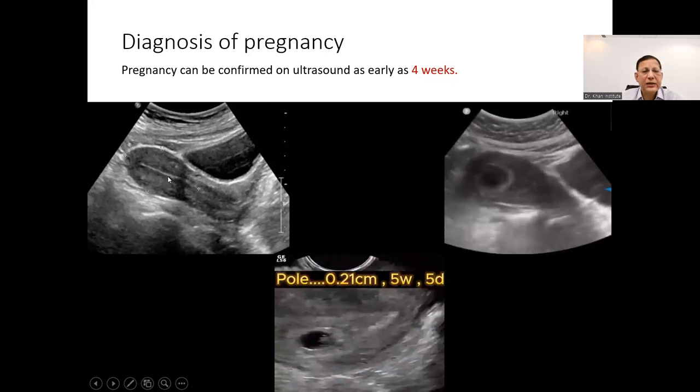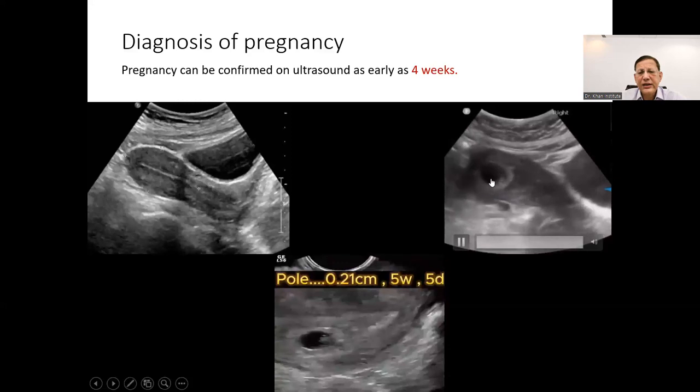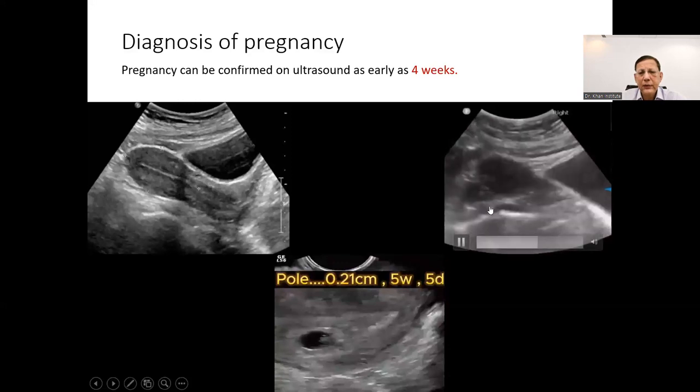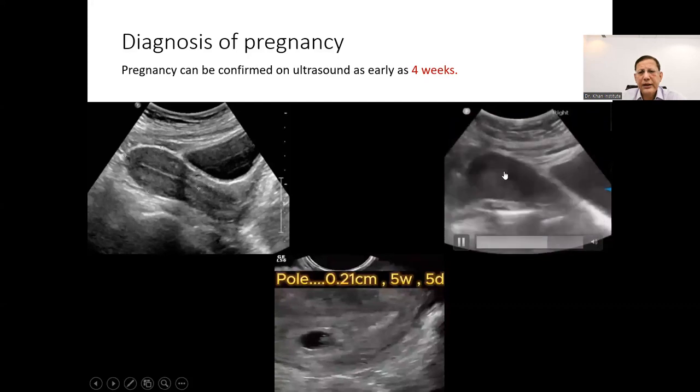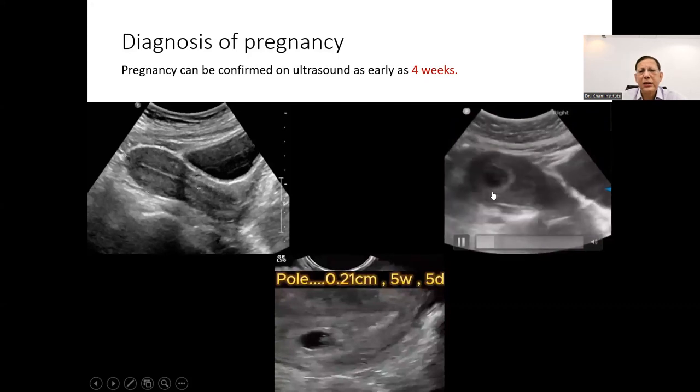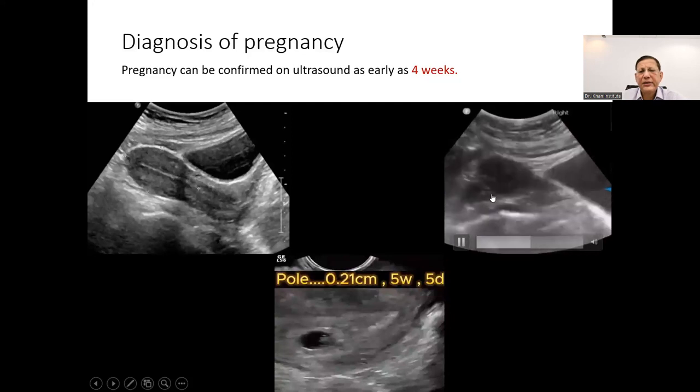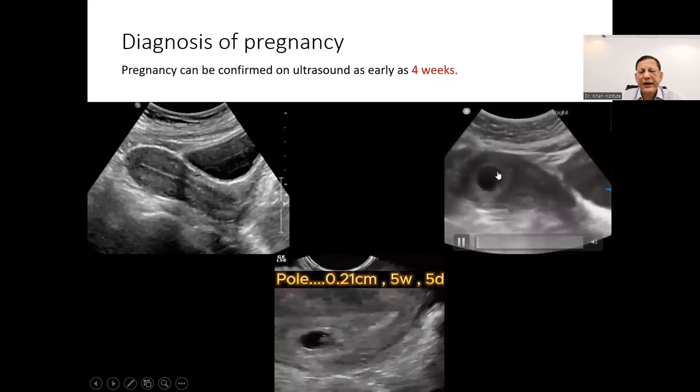So whenever there is pregnancy, you can see in this image that there is a black structure which is embedded in the endometrial cavity, and it is surrounded by thin, rather thick, bright layers surrounding this black area.